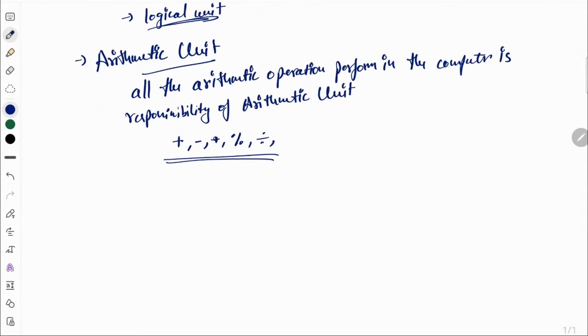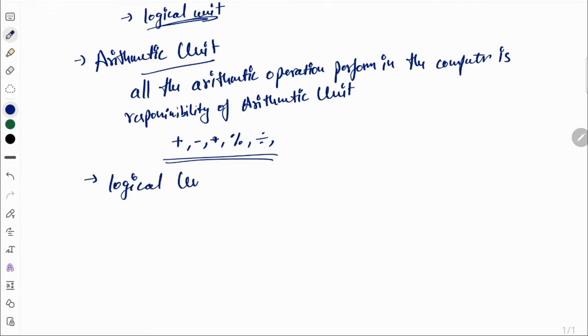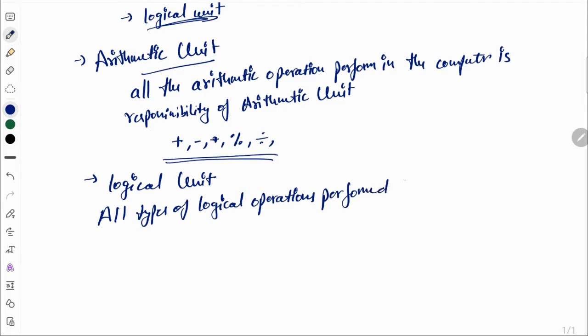What is the logical unit? All types of logical operations are performed through this unit.